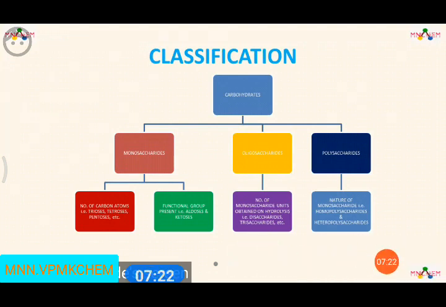These monosaccharides are crystalline substances with sweet taste. They are soluble in water, and they can be represented with a general formula CnH2nOn.